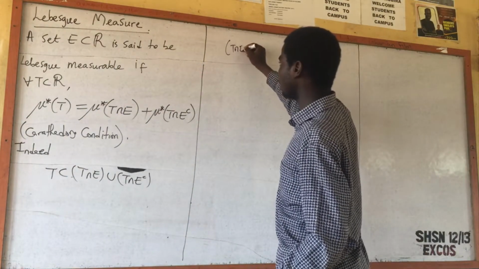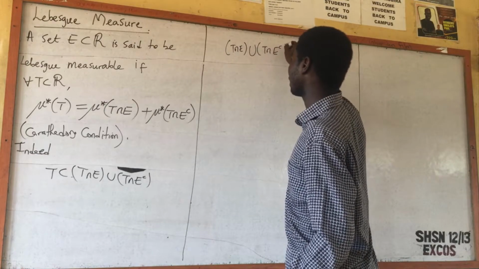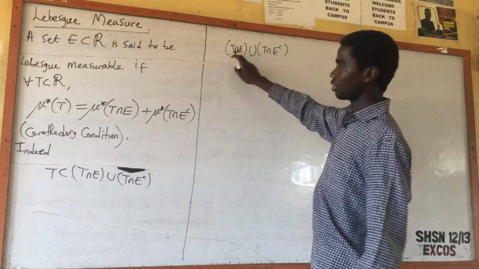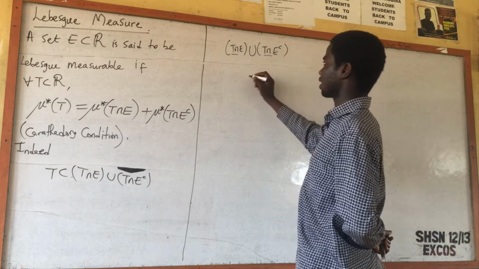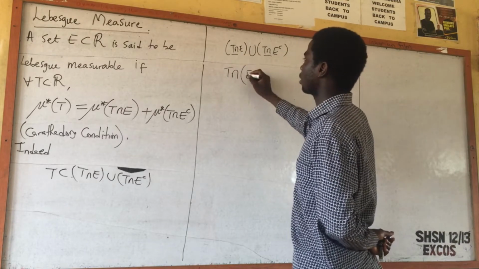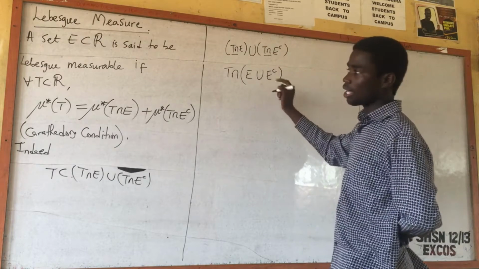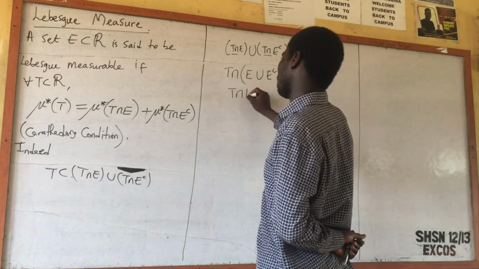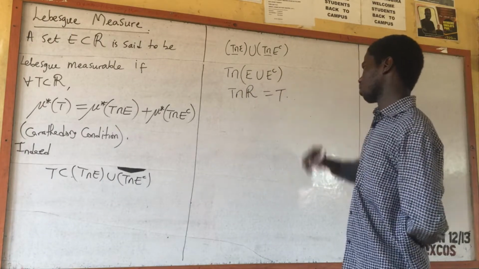From algebra, I can factor out T intersection, then I have E union E complement. E union E complement gives the whole set R, and T intersection R is T.